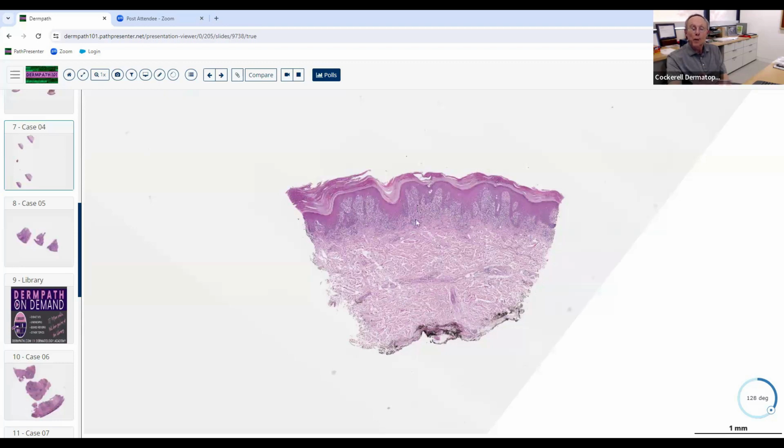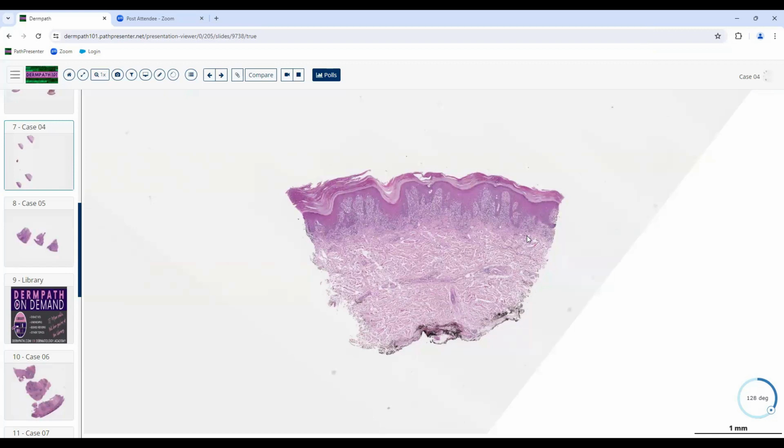And what about the epidermis? The epidermis has some irregular acanthosis. The rete ridges are pretty irregular, jagged somewhat. It's irregular psoriasiform hyperplasia with a band-like infiltrate. Some of them are calling it lymphocytes, but they're definitely not all lymphocytes. They may be histiocytes. And what about the cornified layer?